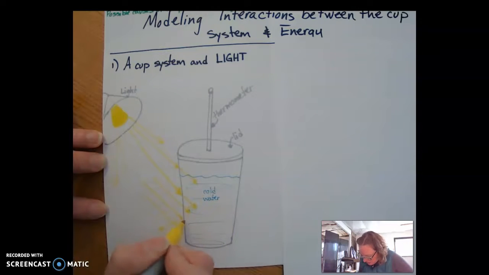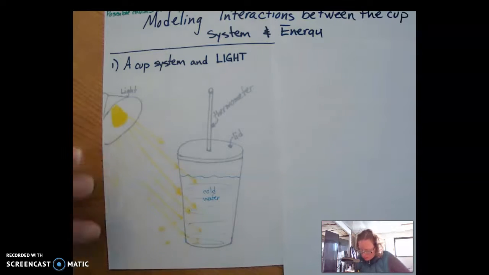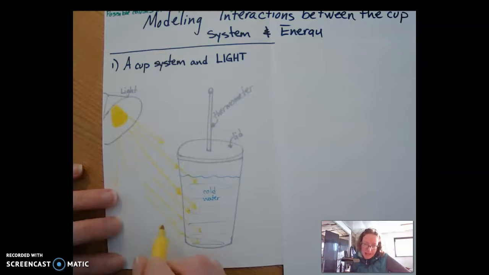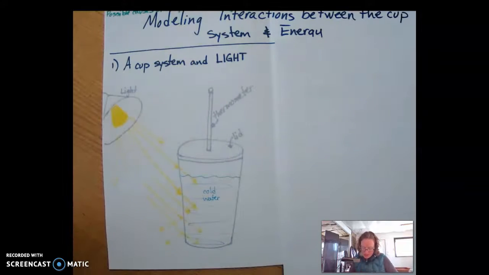But as they partially reflect off, they're also going to partially transmit through the cup wall. And of course, as they hit that cup wall, there is going to be a little bit of absorption of the energy into the cup wall. So there I've illustrated the light hitting our cup.